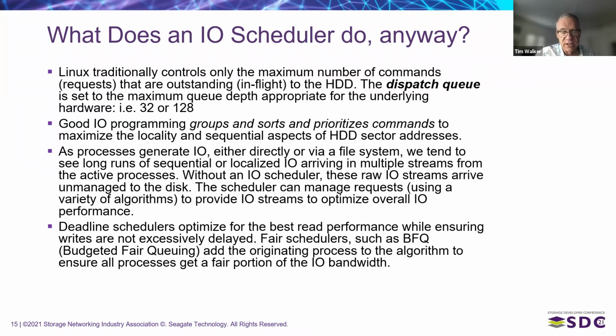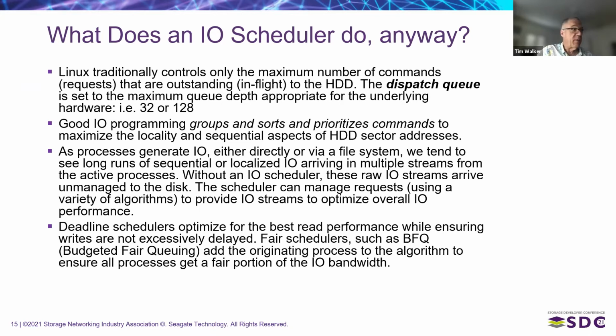For flash, this is not as important, but for a hard drive, we want to minimize seek lengths, and we want to keep the access as sequential as possible to get more data transfer per seek. And IO schedulers are designed to do that.